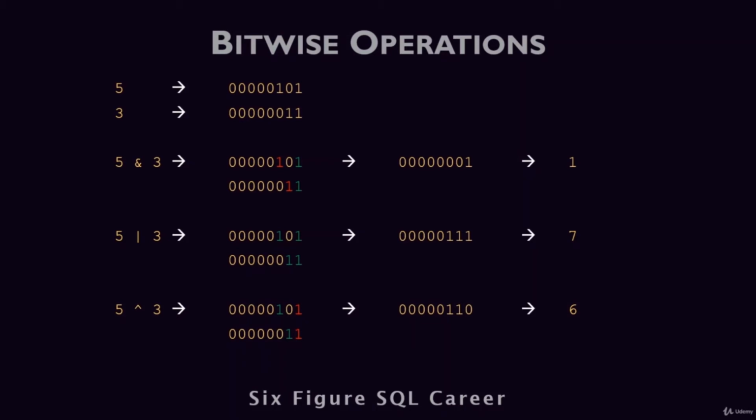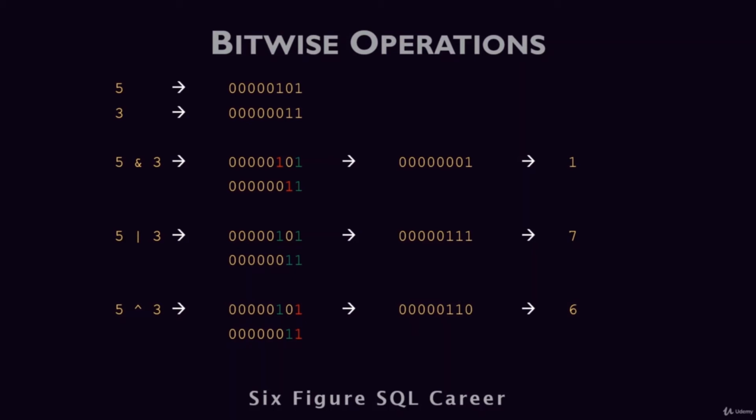And then my hat character, or my caret character, is a bitwise exclusive OR. It will return 1 if the appropriate binary place is 1 and 0. However, if they are both 0 or both 1, it will return 0. So 5 hat 3, 5 XOR 3, returns a 0 for my 1 position because 1 appears in both places.